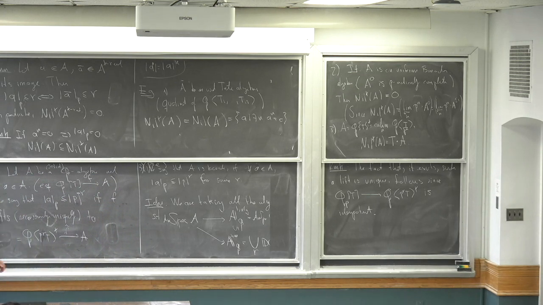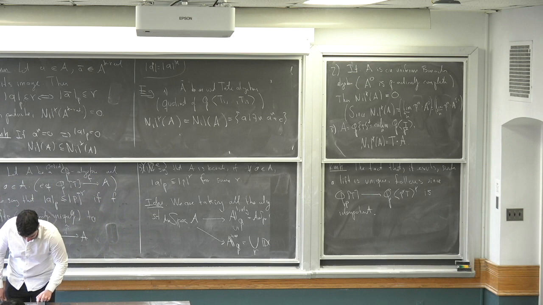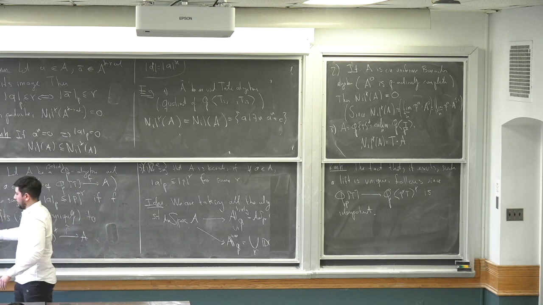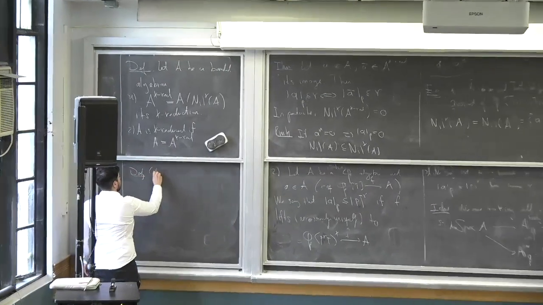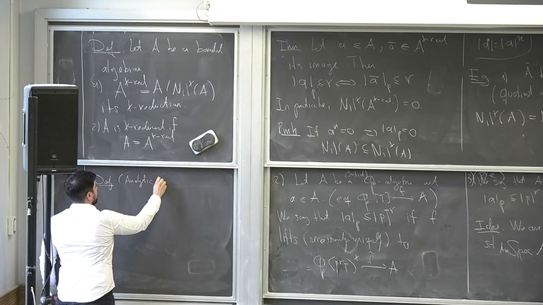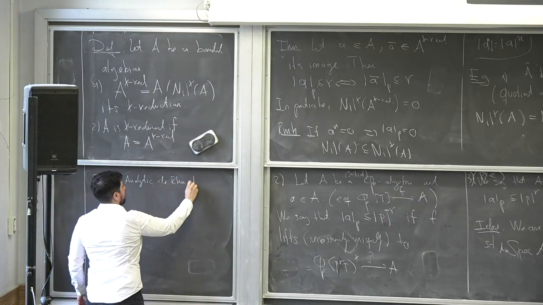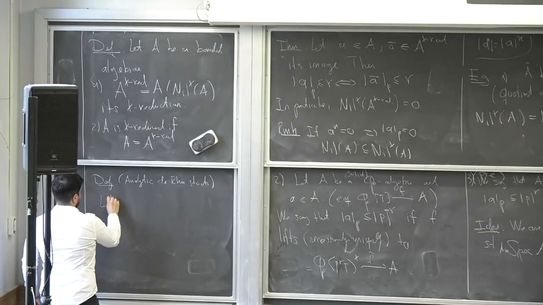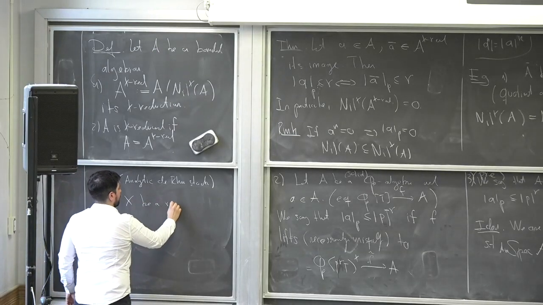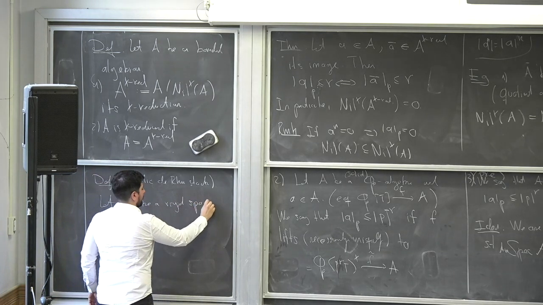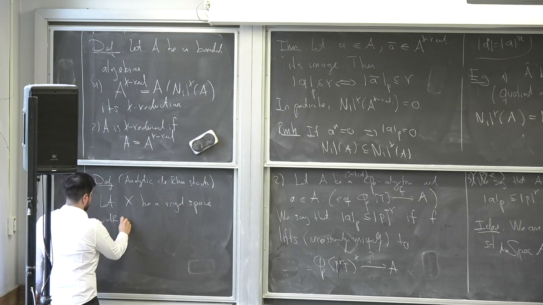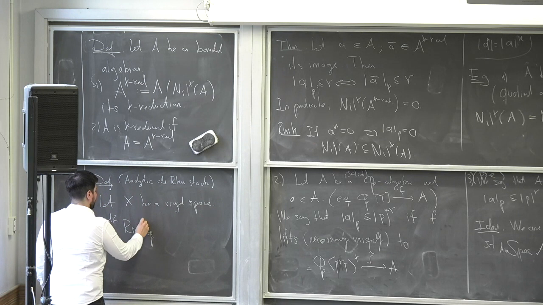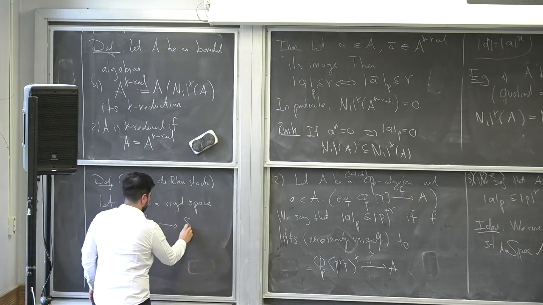So maybe, well, I'm just going to use this time to again give maybe the formal definition of this RAM stack. So let me just take it's the Ricci space. Then X RAM is a functor from this category of bounded rings going to sets.